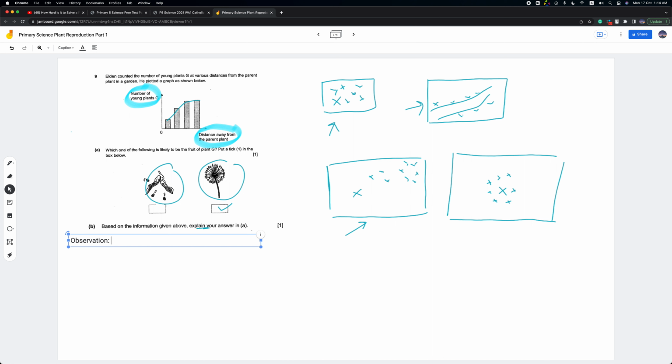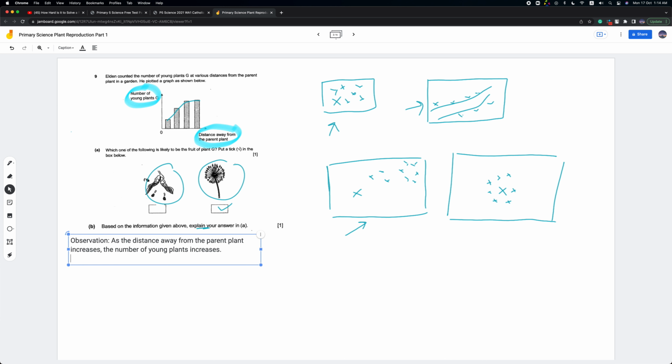So in this case, you can even write the relationship for this observation: as the distance away from the parent plant increases, the number of young plants increases. Okay, so this is what you can write down.